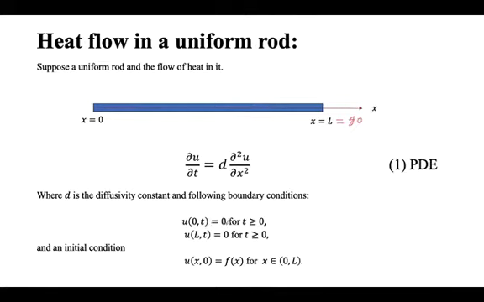The boundary conditions say that when x is equal to 0, the temperature in the rod is equal to 0, and at the other edge the temperature is also 0, while the rod is heated with temperature 100.